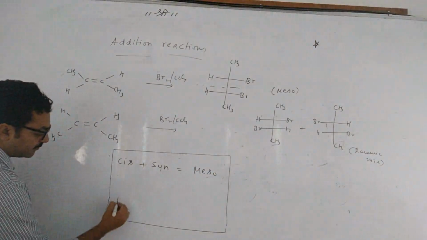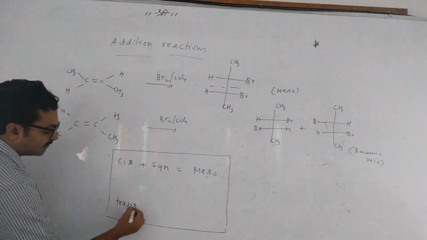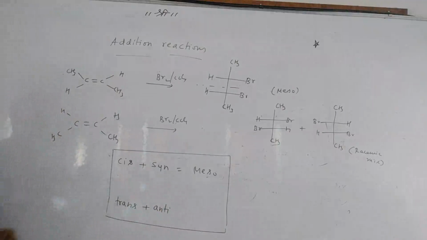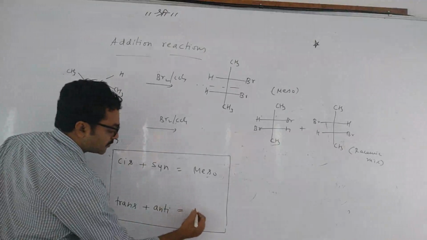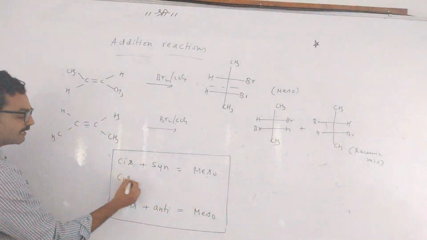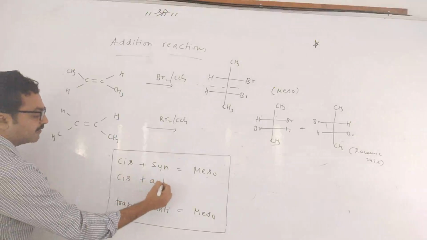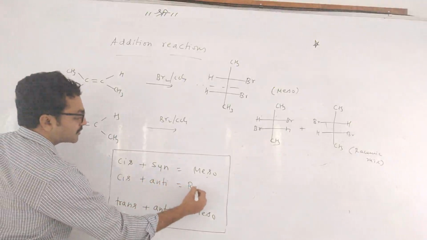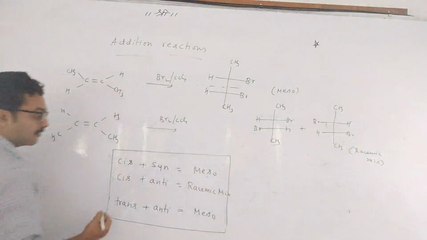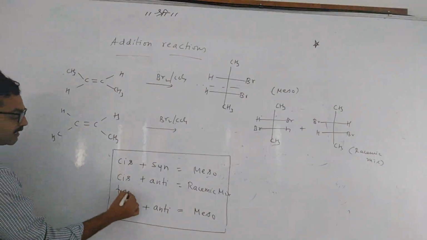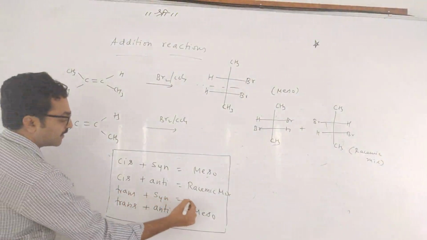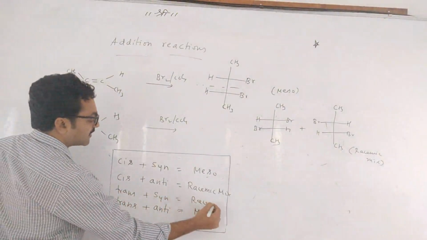At the same time, if you take a trans alkene and the addition is anti, anti means opposite side, then that product is meso. And if you take a cis alkene plus anti-addition, you will get a racemic mixture. And if you take a trans alkene plus syn addition, that is also a racemic mixture. This is the table, children.